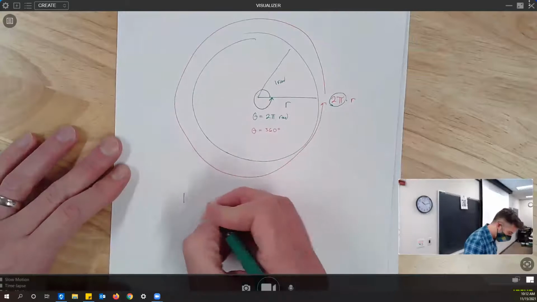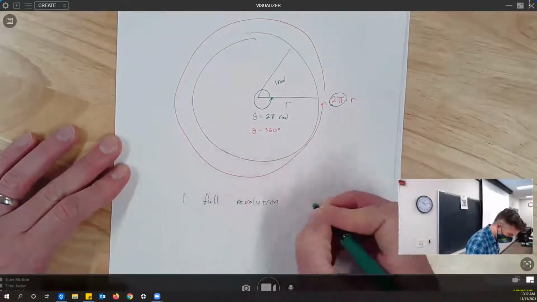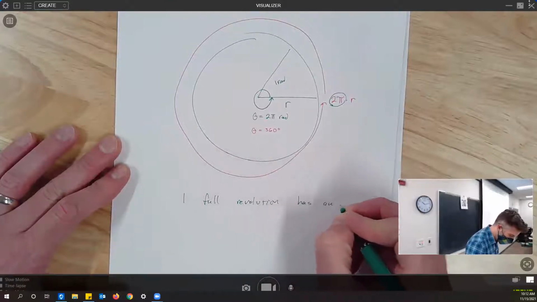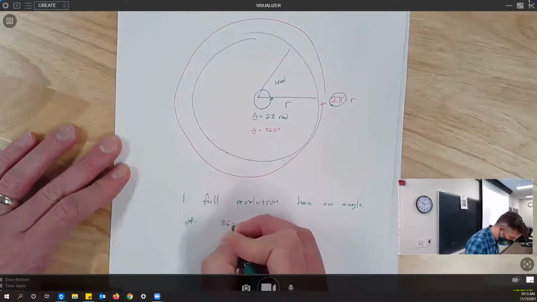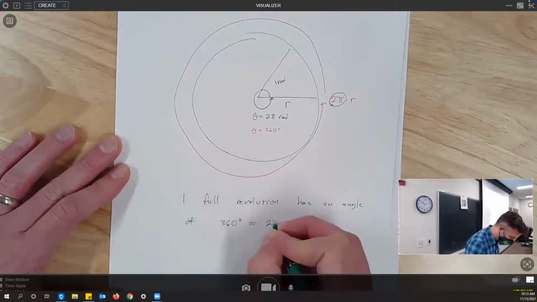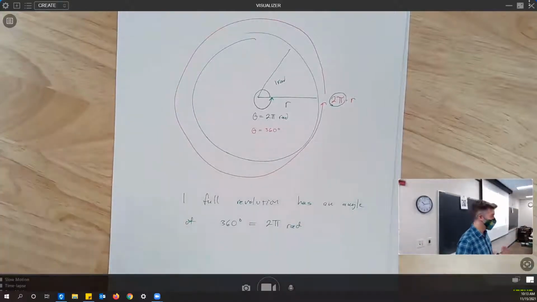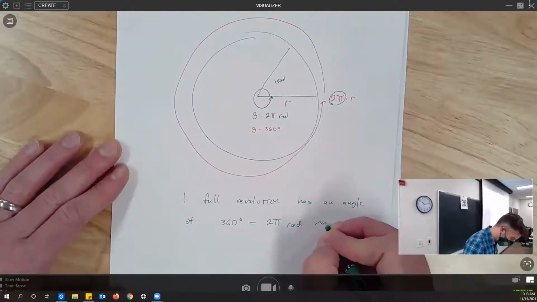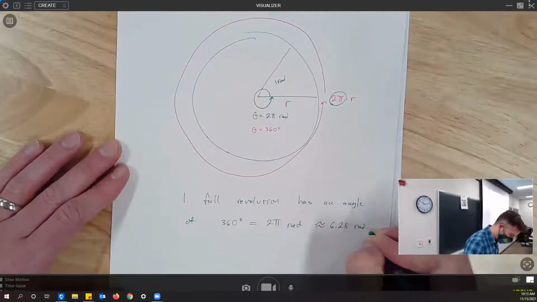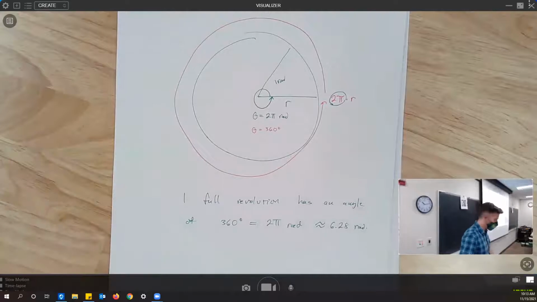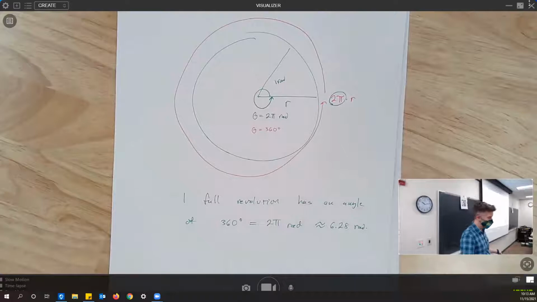So 1 full revolution has an angle of 360 degrees, which is 2 pi radians. And if you wanted to, although you don't really need to, you could say it's approximately 6.28 radians. So it takes 6 radii and a little bit more to go all the way around the circumference of the circle.